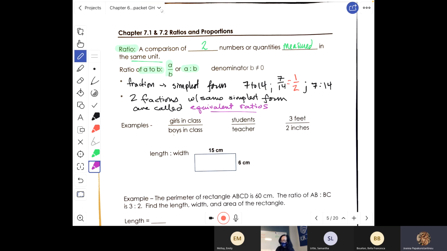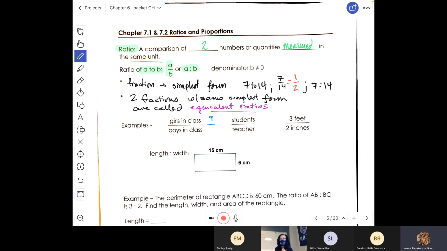Now, what if we looked at some examples of ratios? Let's say the number of girls in the class to boys in the class. Well, how many girls are in here? Can you tell me? How many girls do we have in here? 6? Six plus 3, so we have 9 girls in the class.